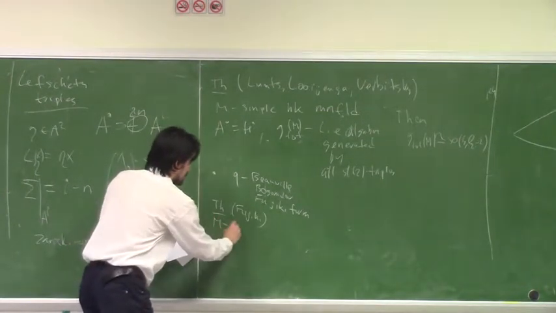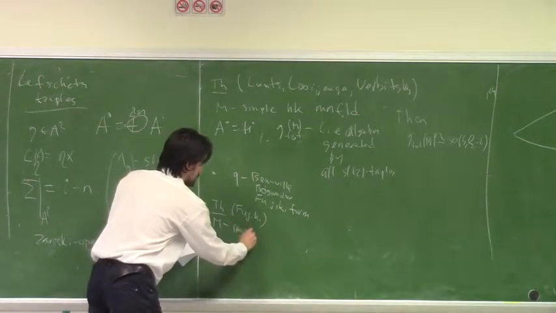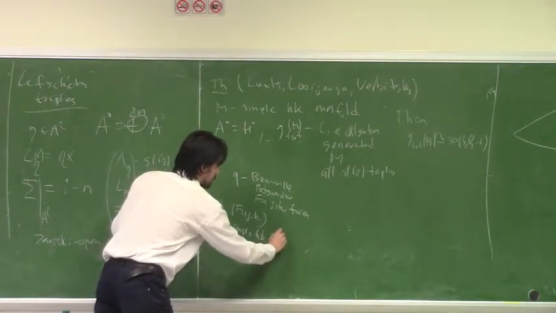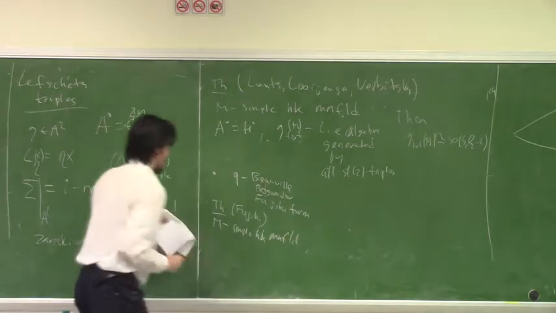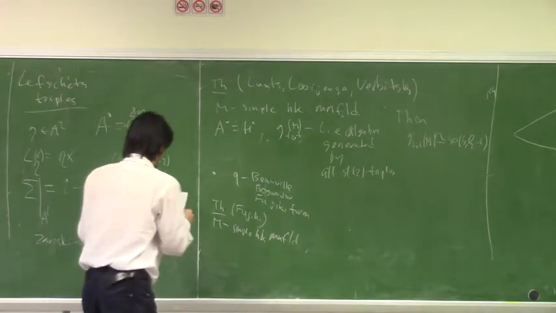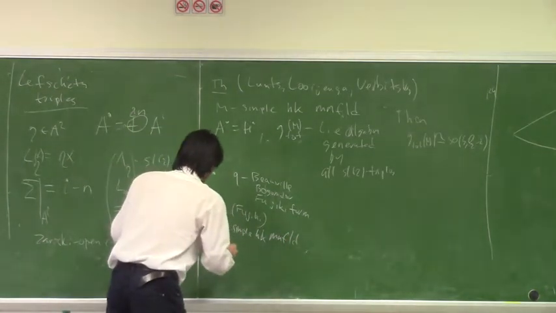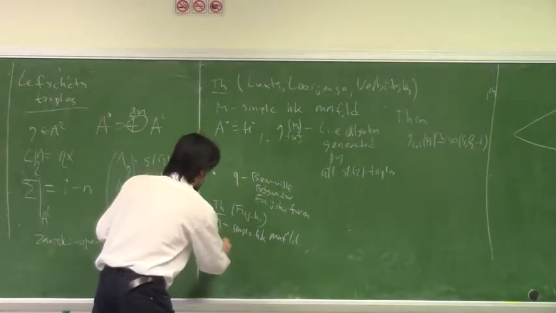So M is simple hyperkähler of dimension 2n.